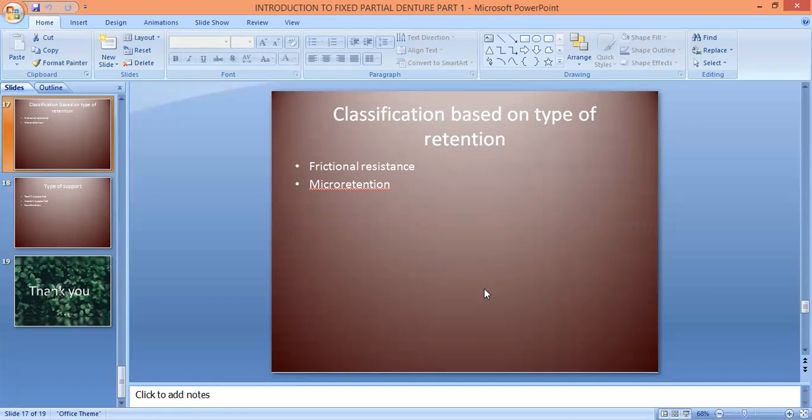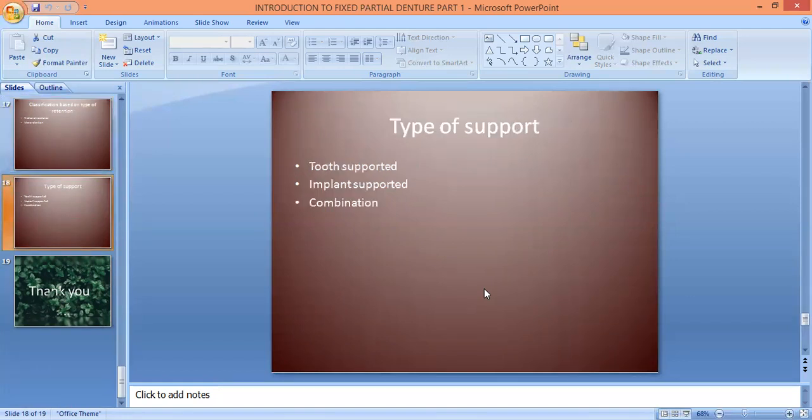In frictional resistance, the FPDs retain with the parallel walls of the prepared tooth. In micro retention, the retention of the resin bonded restoration depends on the bonding ability of resin and the surface irregularities. Type of support: you have tooth supported, implant supported, and the combination of tooth and implant supported.